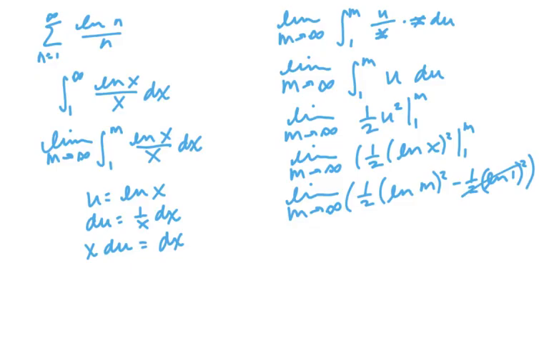Now the natural log of infinity is infinity. Squared is infinity, times 1/2 is still infinity. So this diverges. Therefore, you can always use 3 dots to say therefore. That's our abbreviation in math. Therefore, the sum from n equals 1 to infinity of natural log of n over n diverges as well, or is divergent.